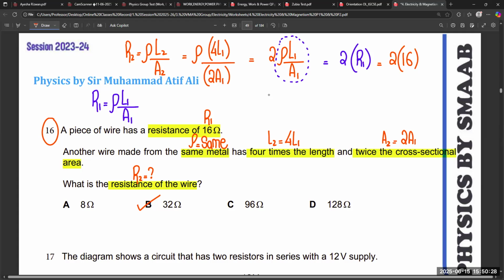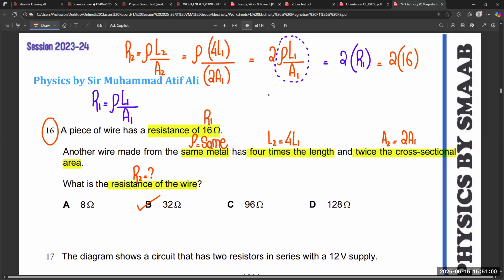So in this type of question, what you need to do is write the formula for the second wire. Then after writing the values or quantities given in the question, you will get the idea that the value of the second wire equals some multiple of the value of the first wire.